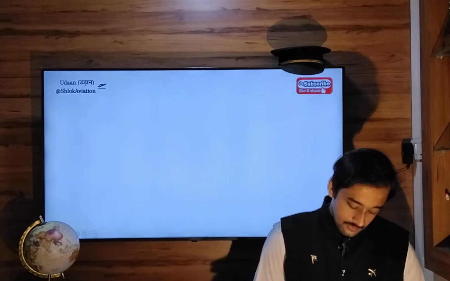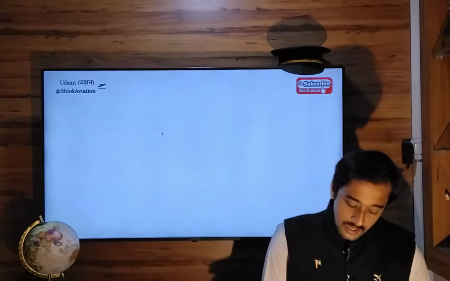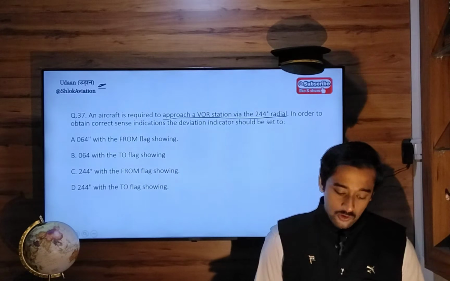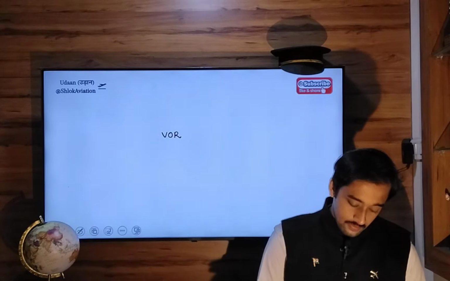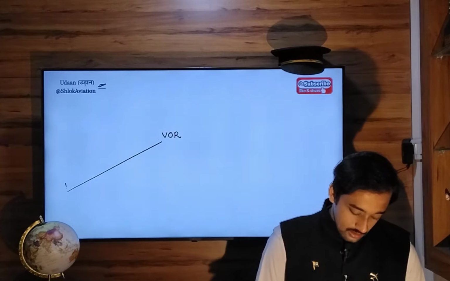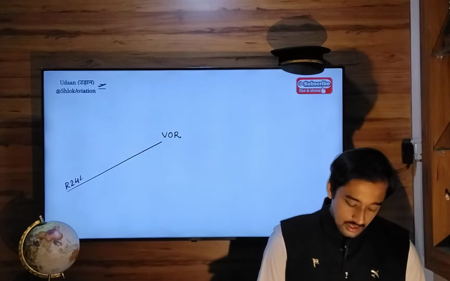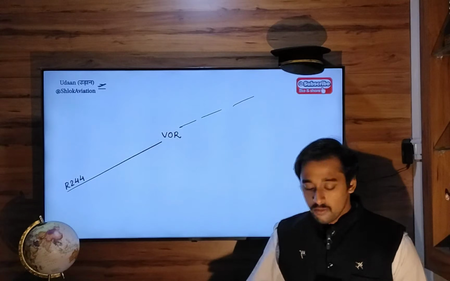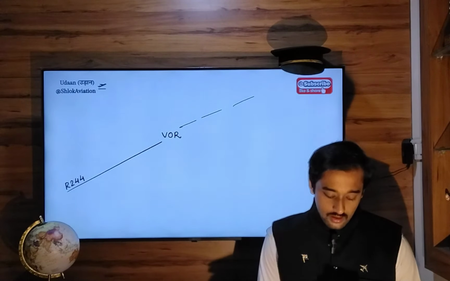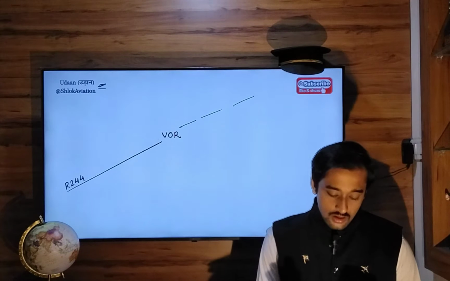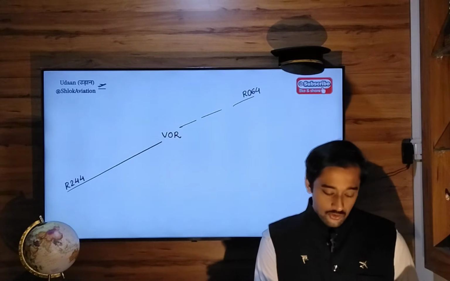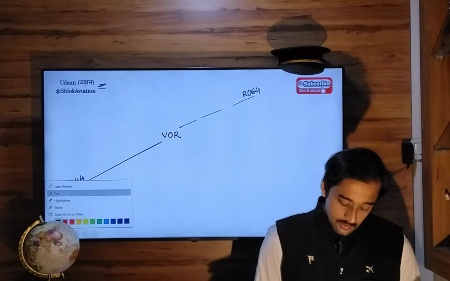So very important, again, the basics. You are on radial 244. The reciprocal of that radial 244 will be 244 minus 180, 064.